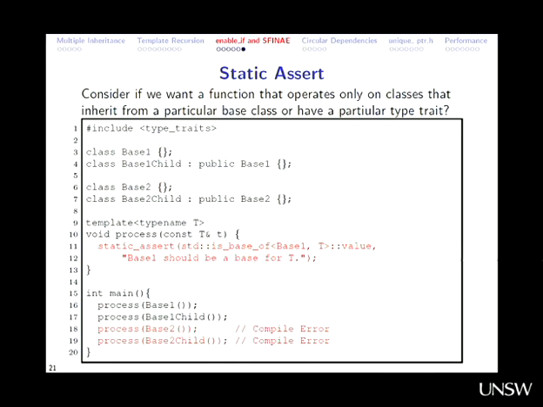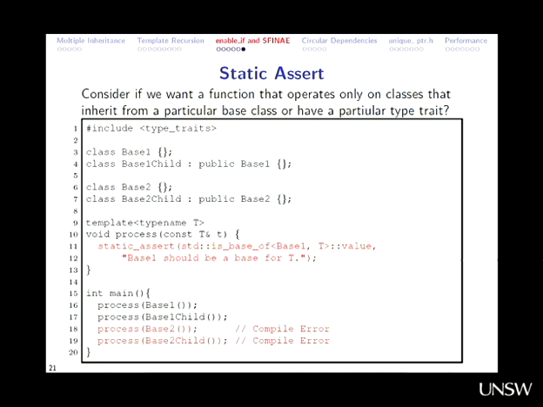So let me just see how much code I've got here. Yep, so what I'm going to show you is this enable if version. Okay, here it is. And I'm going to attempt to compile this. So g++ standard equals C++11, enable if, and that goes away and compiles, and it runs perfectly fine.